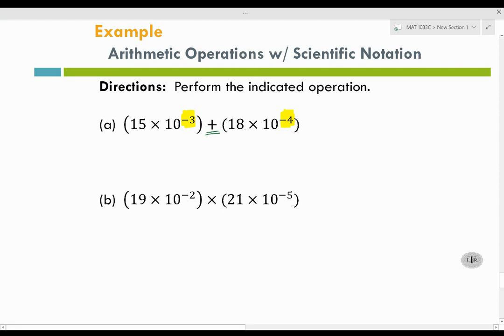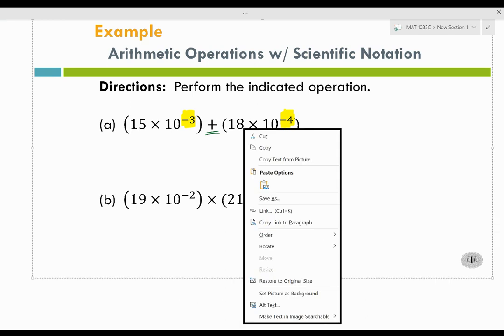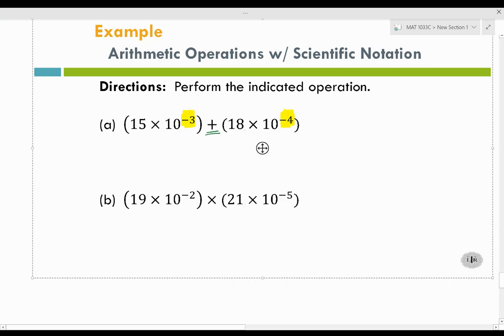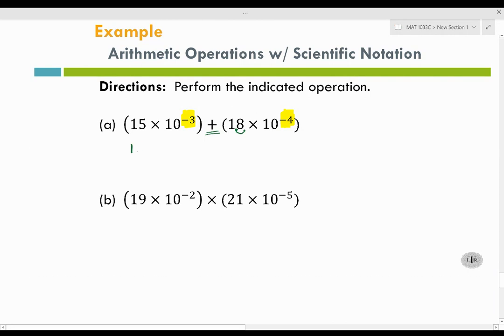The decimal is understood to be here. I want to change -4 to -3. So that means I want to add 1 to it, which means I'm going to move the decimal to the left. So that's going to give me 15 times 10 to the -3 plus 1.8 times 10 to the -3.